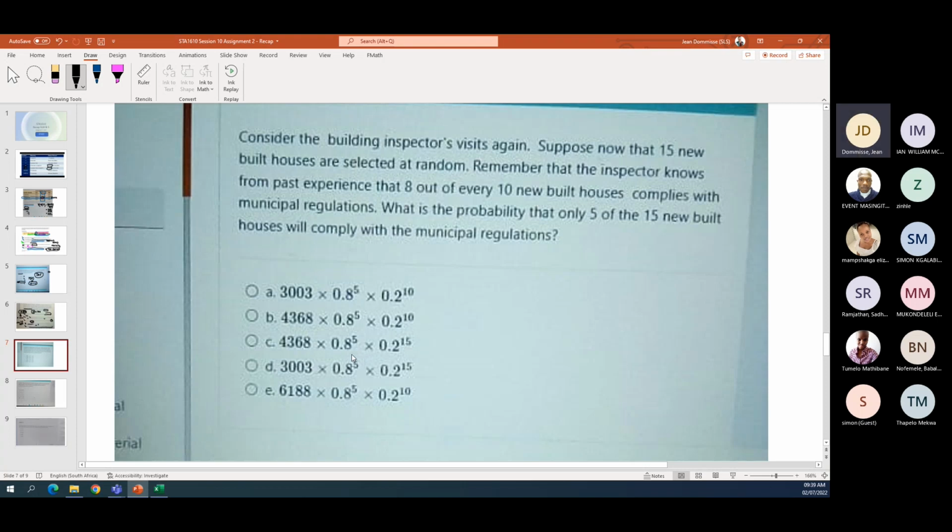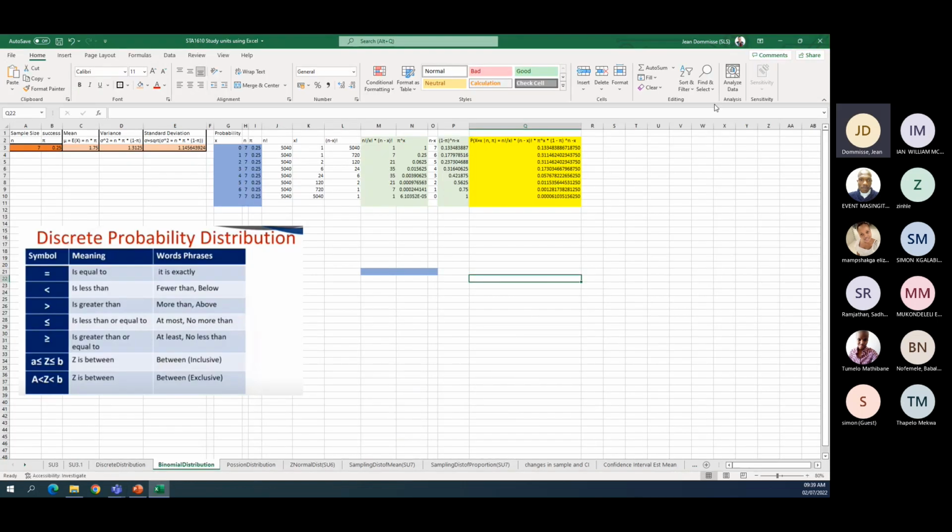Okay, so let me quickly, sorry, I'll just want to open up where my last week's study unit was, so that I get that formula page. Just want to copy that in so that we can use it.